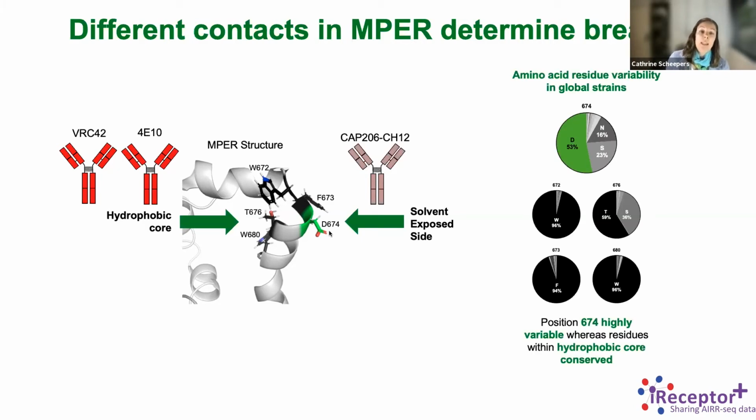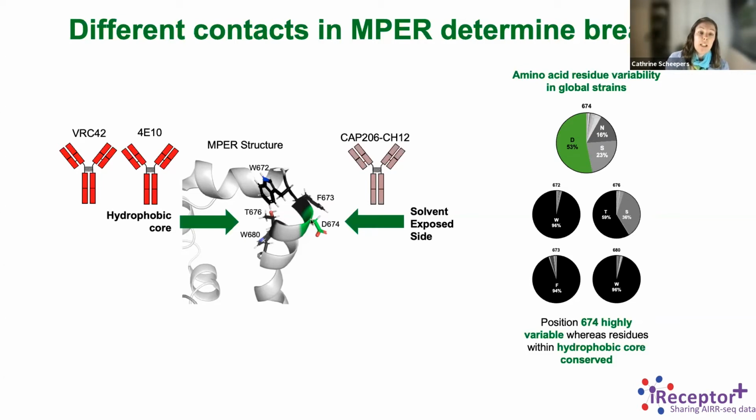Then we compared the variability of those residues in global strains. These pie charts show how variable those particular residues are among globally circulating HIV strains. You will see that this particular residue 674 is highly variable in globally circulating strains compared to these that are fairly conserved.